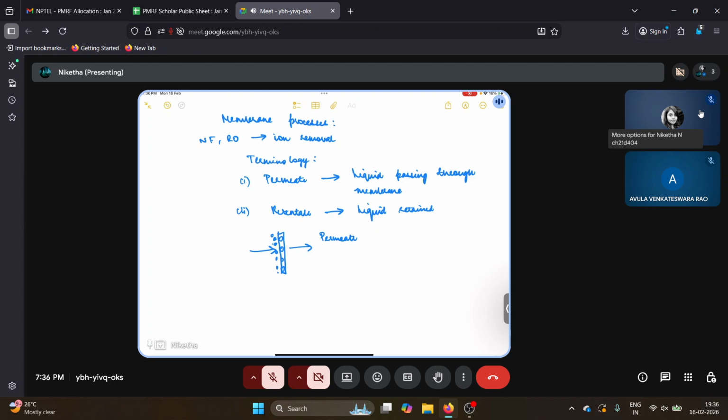The reject will have a higher concentration of the ions compared to your initial feed water. That is because whatever ions are there are retained here, and these retained ions will be mixing with some of the water which is present on this side, and eventually that concentration will be higher in the retentate compared to the permeate concentration.